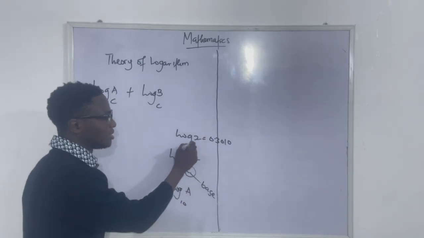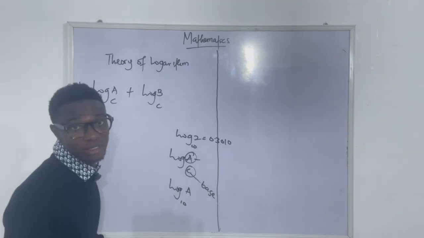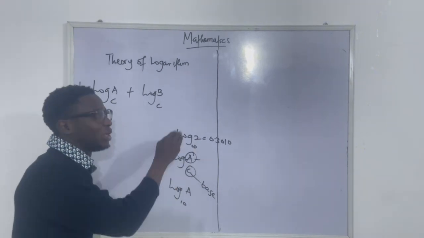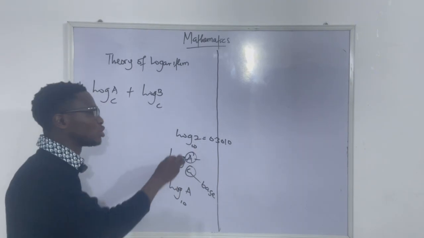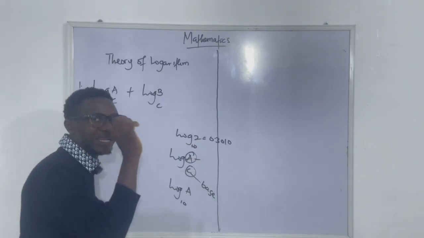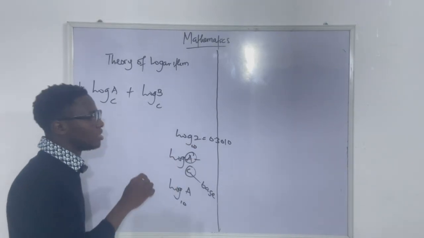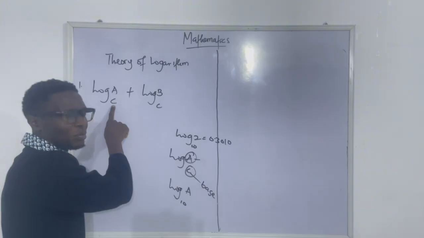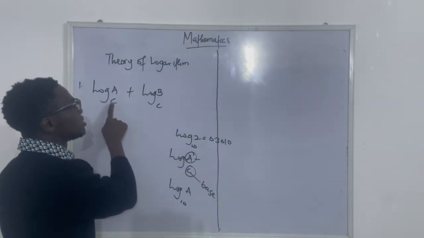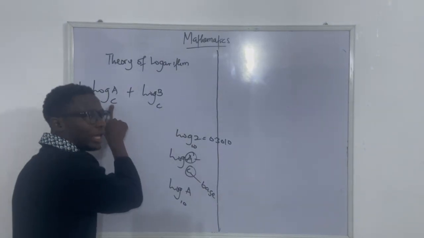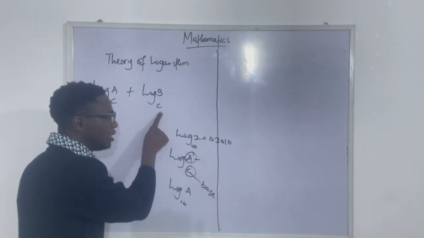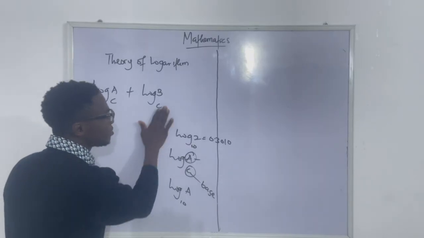So it's in base 10. But whenever you are given a question that is not supposed to be in the natural log base, the base will be given. That's why I spelled this out as log A base C, log B base C.